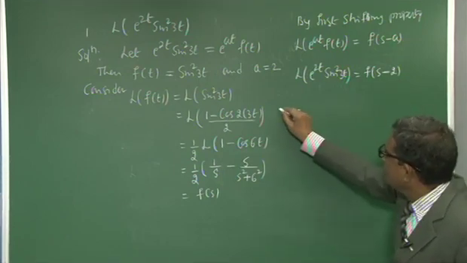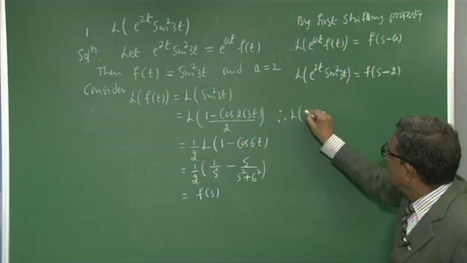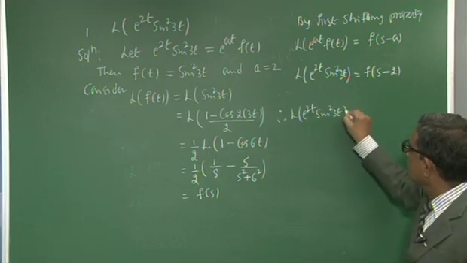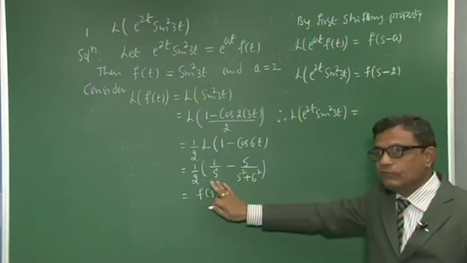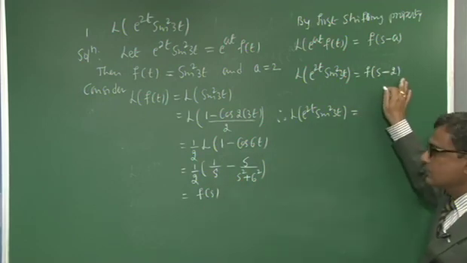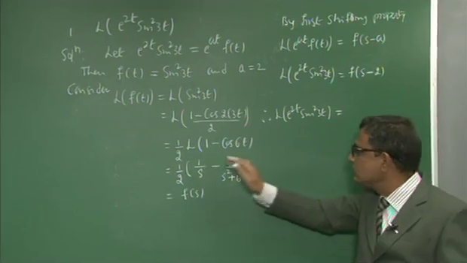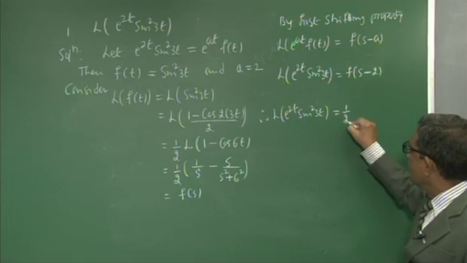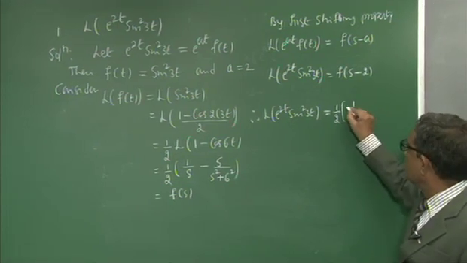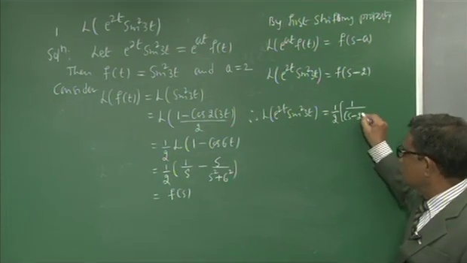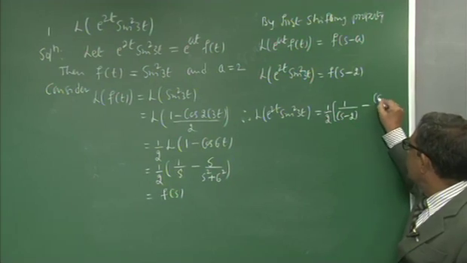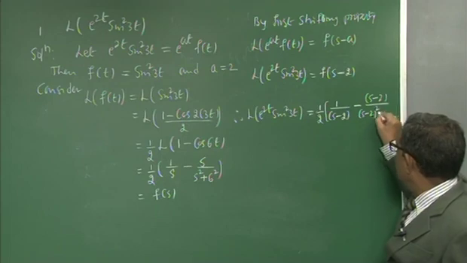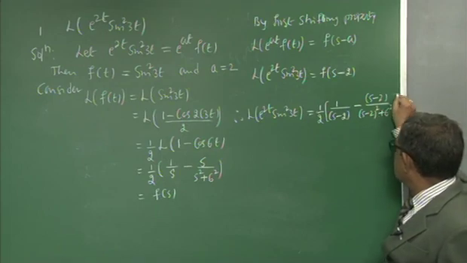Therefore, how will we write it? Therefore, L of e raised to 2t sin square 3t is equal to, now this is your f of s, this is f of s minus 2. Now s changes to s minus 2, so you have to write it as 1 by 2 times [1 divided by s minus 2, minus (s minus 2) divided by (s minus 2) whole square plus 6 square].